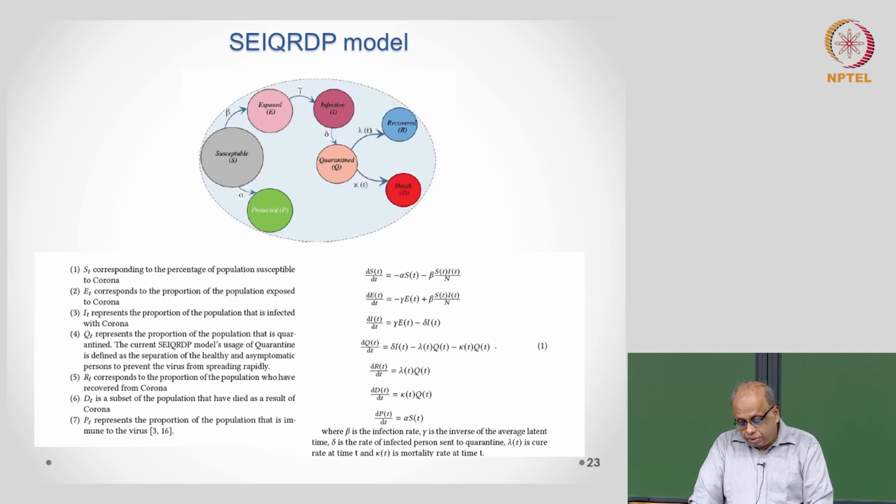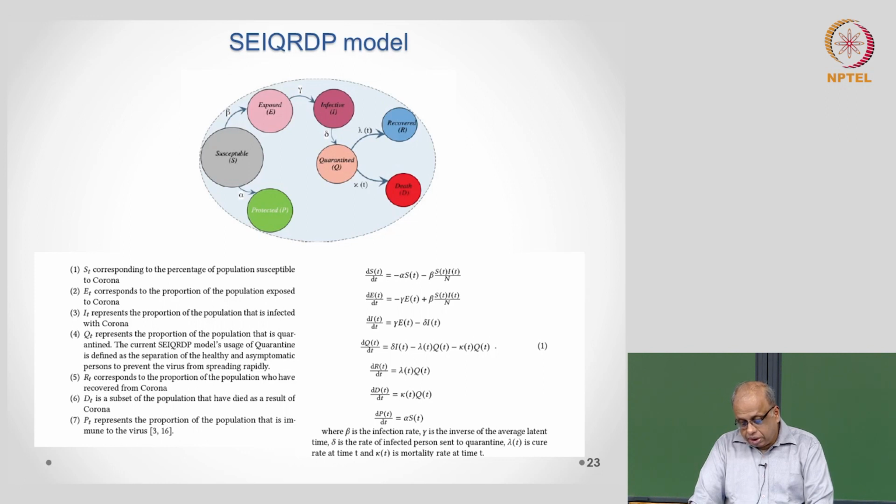Okay, so you can see that dS/dt is alpha S(t). So from there, some people can move to the protected state, or you can see that some people are moving from the susceptible state to the exposed state using probability beta(t). Okay. Similarly, from the exposed state, people can move to the infected state, or they can move back.